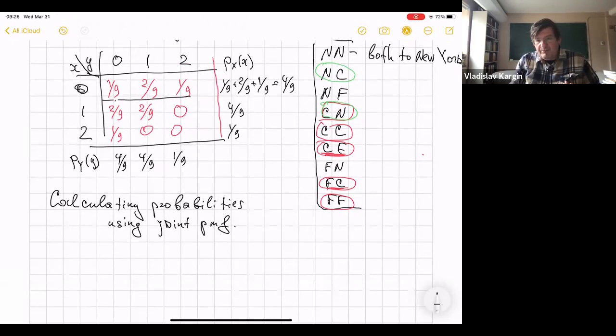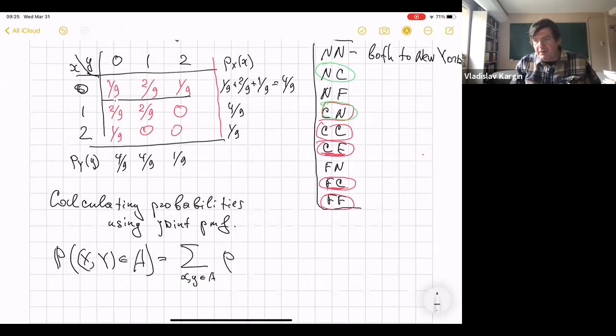So sum the joint PMF of all possible combinations of values which belong to our event. So formally, the probability that (X, Y) belongs to some event A is equal to the sum over (x, y) belonging to A of p_{X,Y}(x, y).